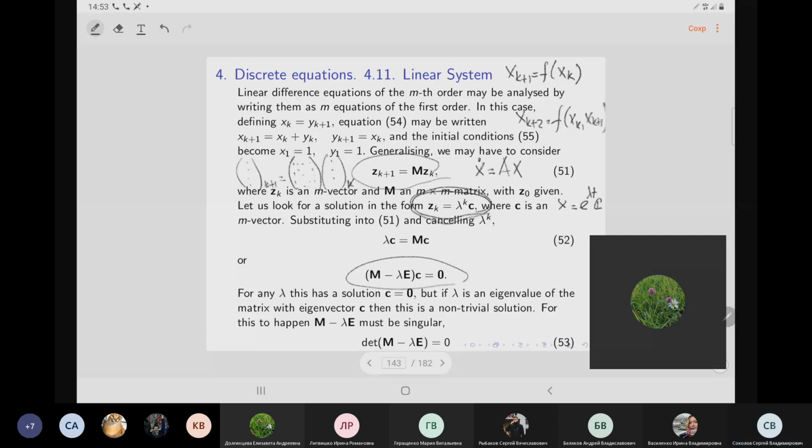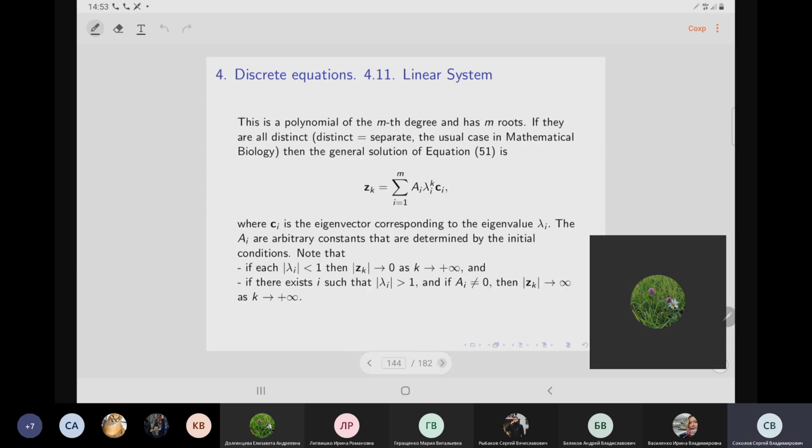And as in the continuous case, the existence of non-trivial solutions is connected with singularity of the matrix. So far, the same eigenvalue problem arises. And finally, since the eigenvalue problem is a polynomial, it has m roots for the m by m system.